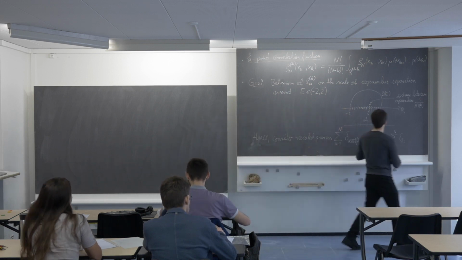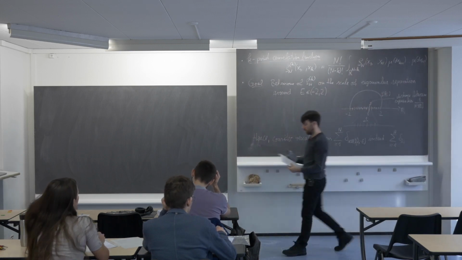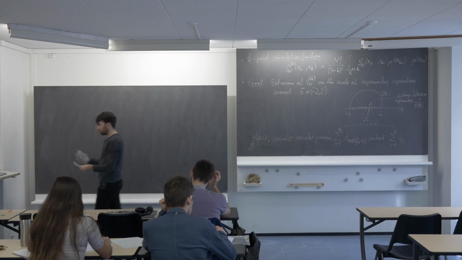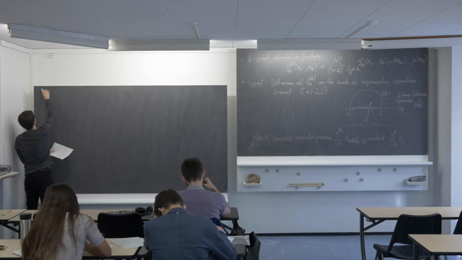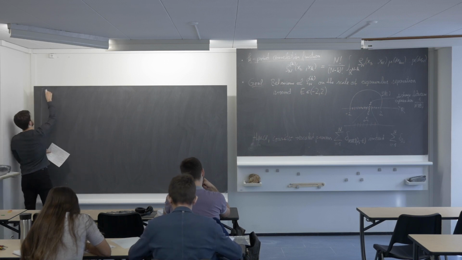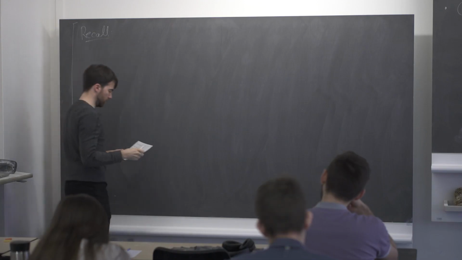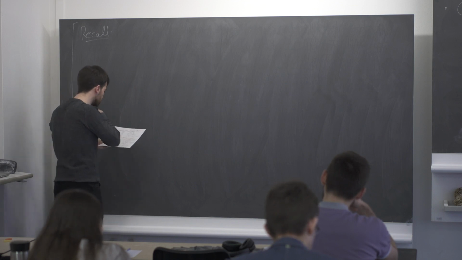So if I write it that way, then the reference measure is this measure mu. So in some sense, a more fundamental object is this k-point intensity measure. Maybe I quickly recall this, because now we will look at a different reference measure.